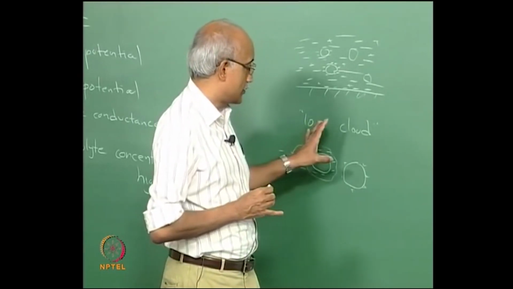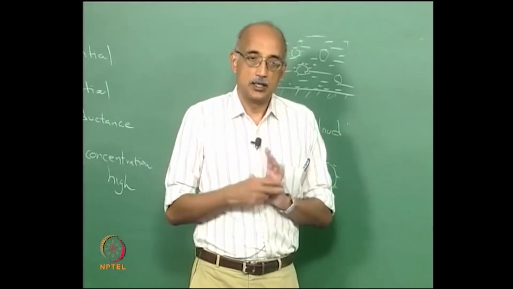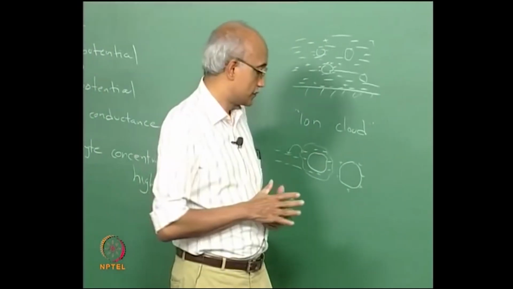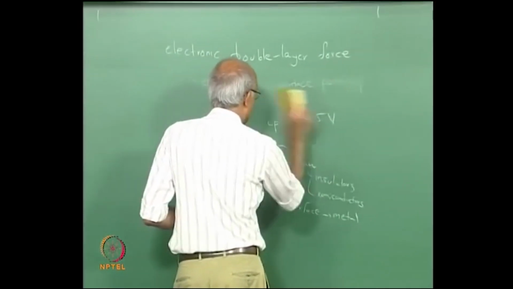Okay, let us say that you have set up this ion cloud and you have now set up a zeta potential. Again, there is a force associated with it, and that is called the ionic double layer force.